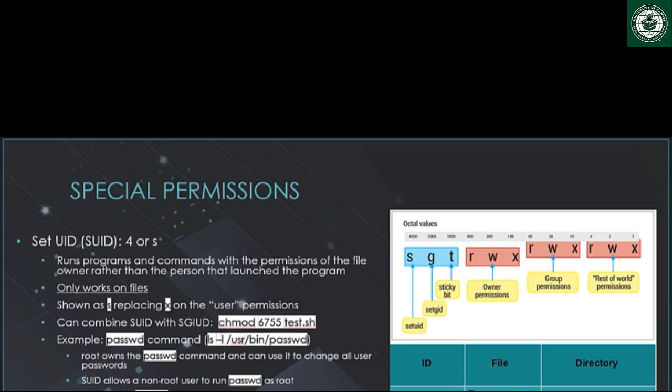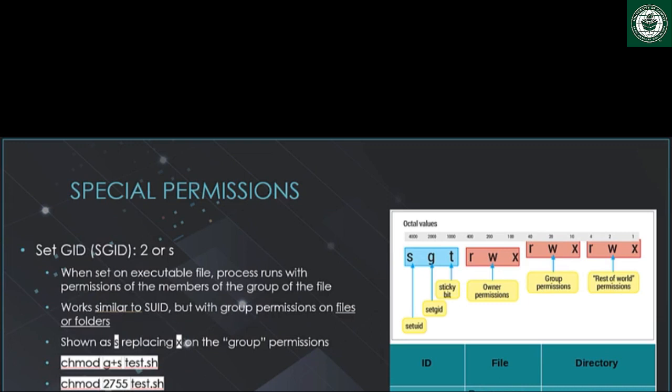Okay? Great. Now the set GID, which stands for set group ID, does something very similar to set UID. It allows a file to be executed with the permissions of the associated group. Now, in this case, the group X, which is the middle grouping there, would be replaced with an S in the file permissions.